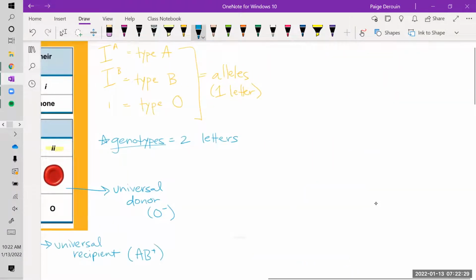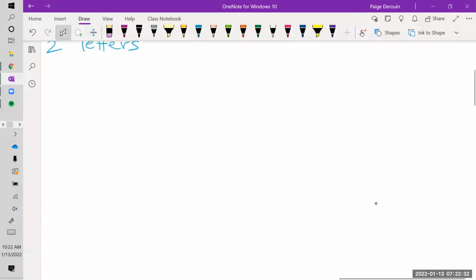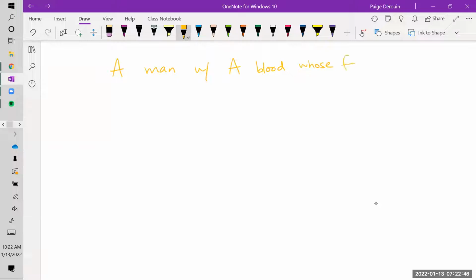Okay, let's do a little fake Punnett square here. So I'm just making this up. A man with A blood, whose father has O blood, and a woman with AB blood have a baby.